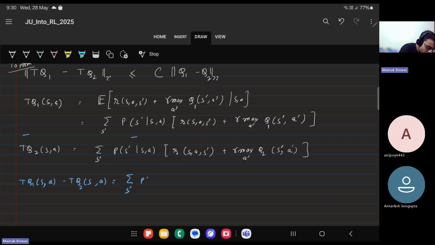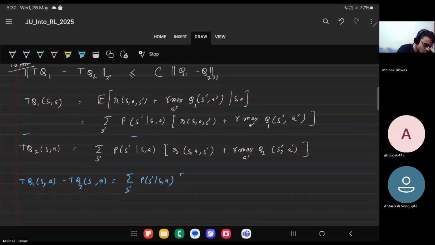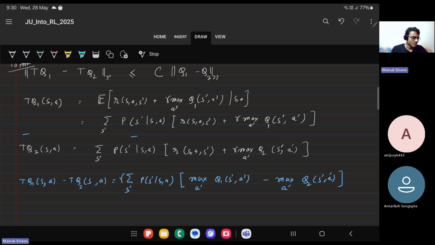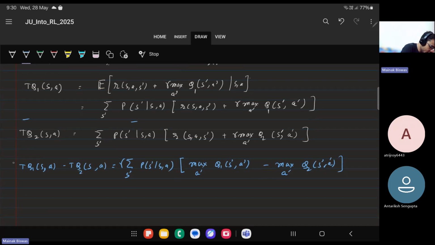The expectation over S dash of gamma times max over A dash of Q1 of S dash comma A dash minus max over A dash of Q2 of S dash comma A dash. Good. So now I take mod on both sides.